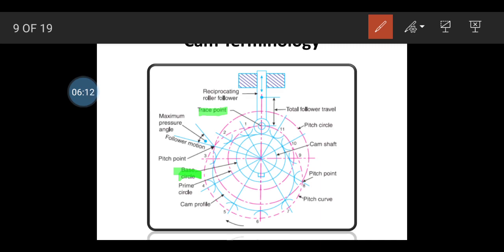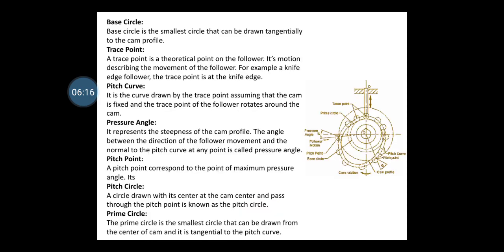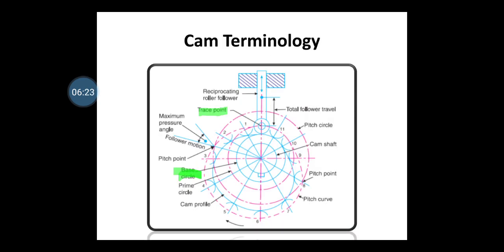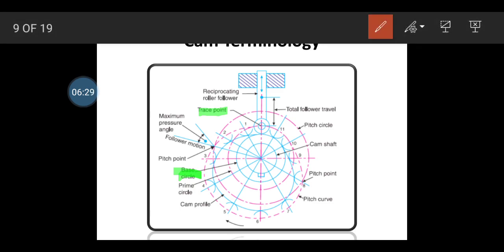Coming to the next, that is pressure angle. It represents the steepness of a cam profile. Here we are able to see the paths. In this, I will just highlight the pressure angle. Okay, this is the part of pressure angle.